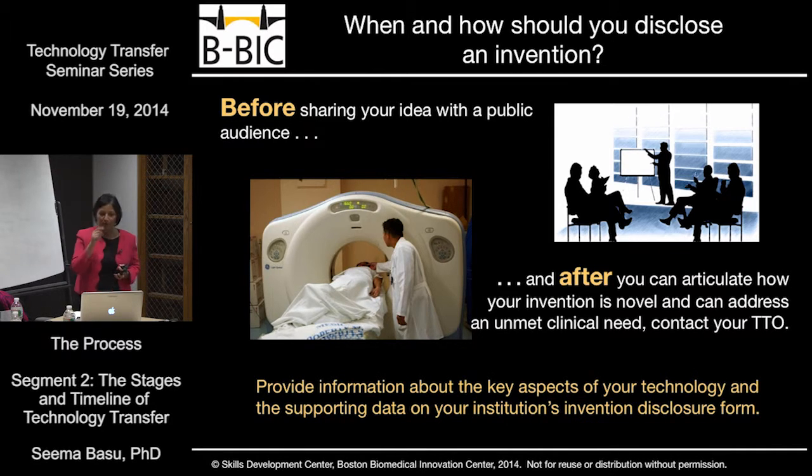And when you disclose that, most tech transfer offices have an invention disclosure form, and so provide the tech transfer office with some key information about your technology. And the more you understand about patentability and the tech transfer process, that helps you understand why it's important to provide that information so the evaluation can be accurate and timely.